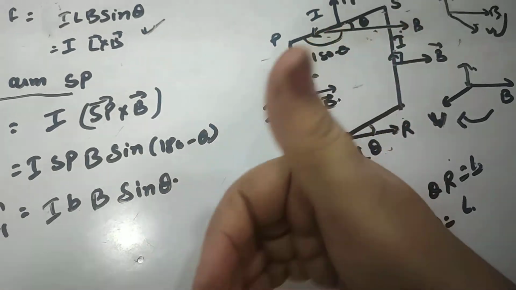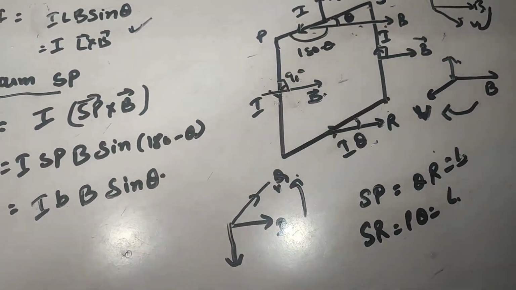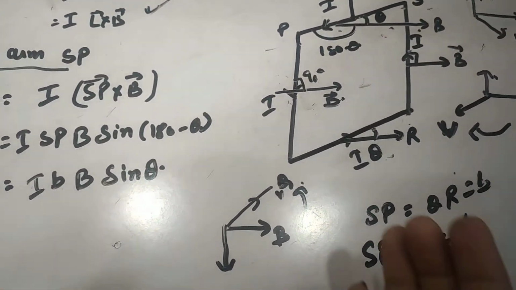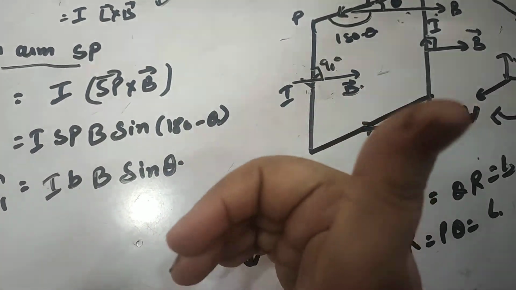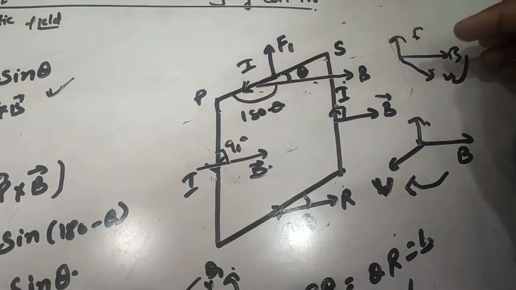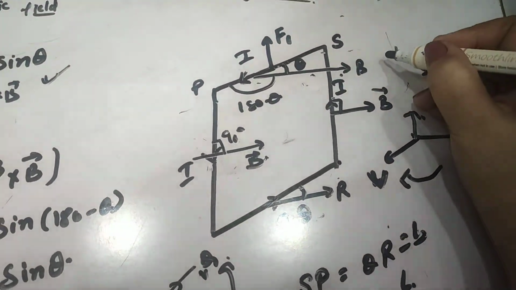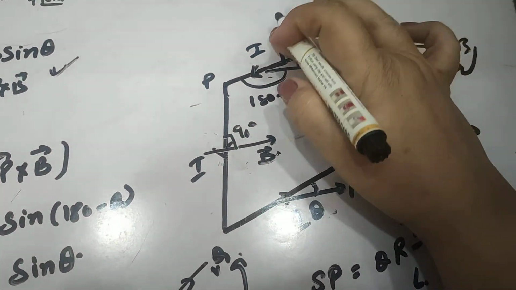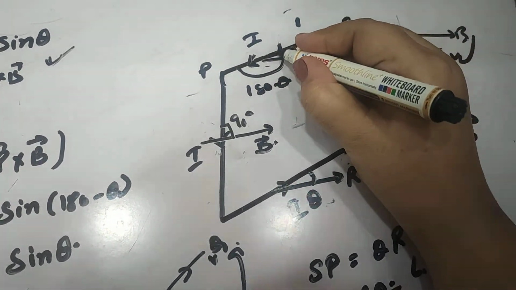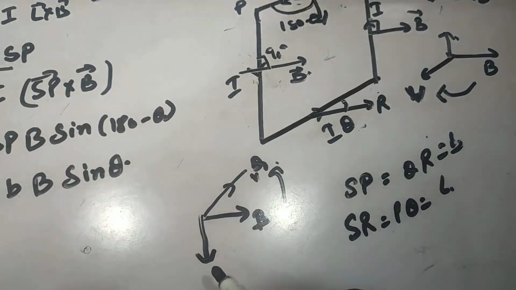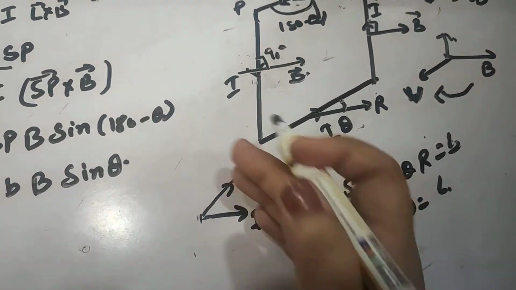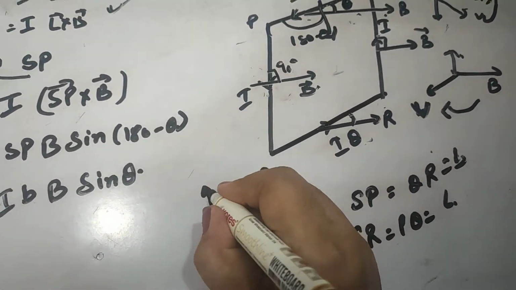Anti-clockwise is upward and clockwise is downward. So in this case it was a mistake. In this case we will write the force downward. It means this force F1 is acting downward like this, and in this case the force is acting anti-clockwise, moving upward.